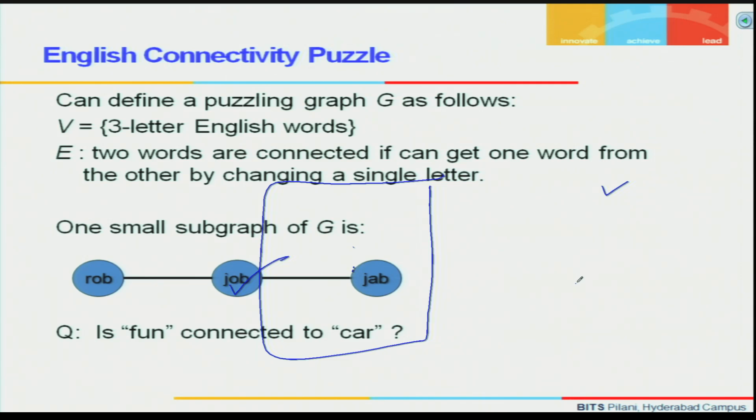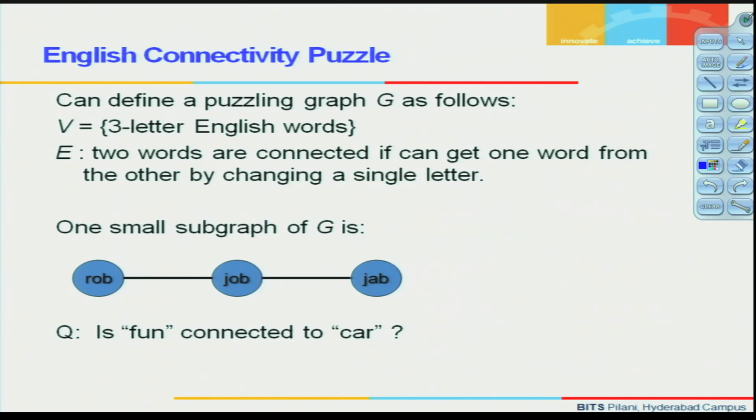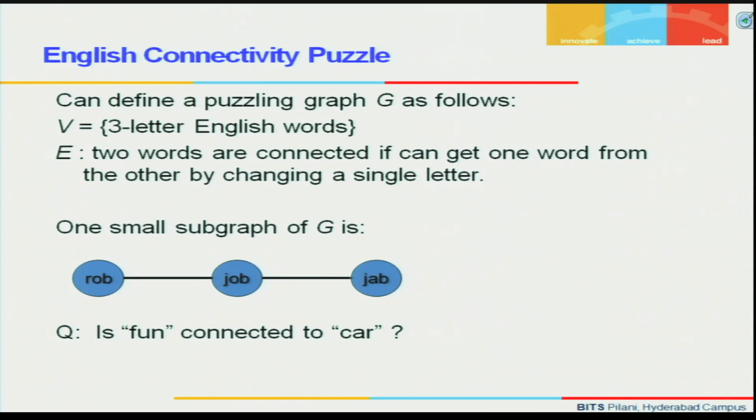Now, this is just a fun example. You can consider the set of all 3-letter English words which have some meaning, say job, cat, mat, any 3-letter meaningful words in English, and consider this set as the vertex set. These are all vertices of the graph that I am going to plot, and the edges will be, I will connect 2 words, 2 vertices.